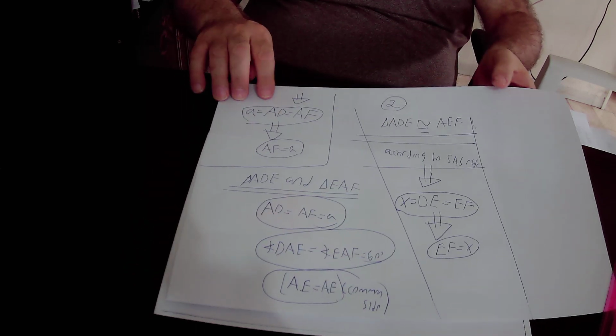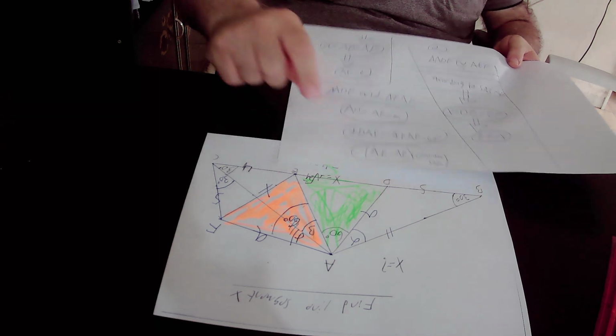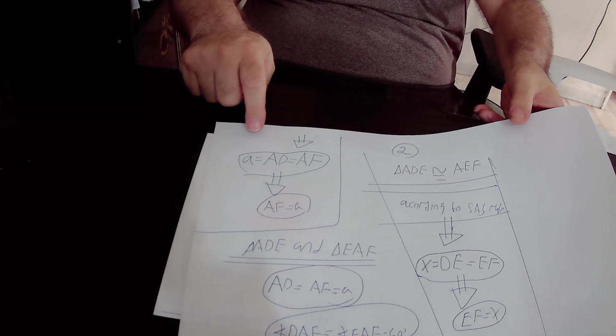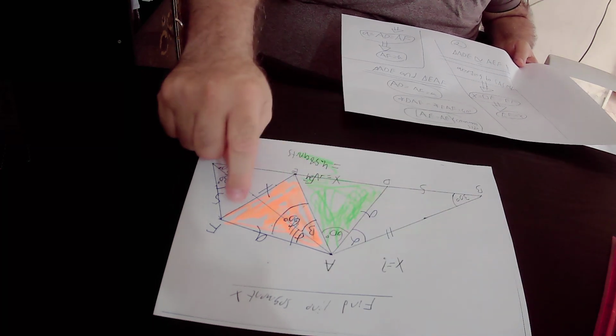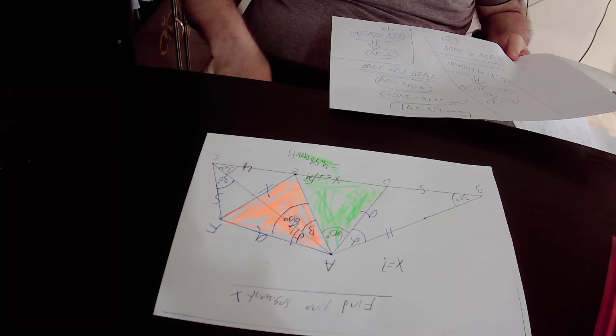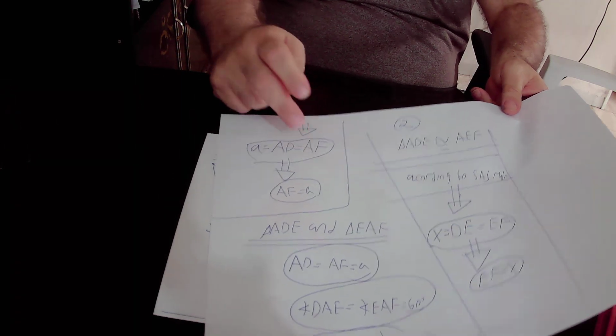And if we define side AD as A, then from the equation A equals AD equals AF, we derive that side AF is also equal to A.